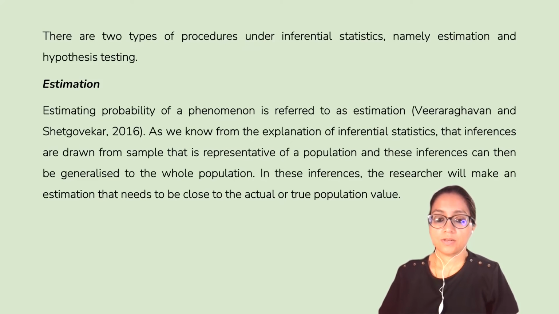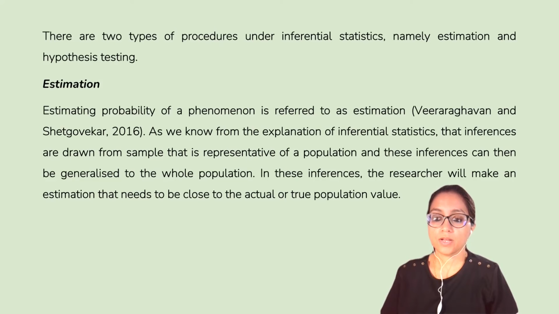What is estimation? Estimating probability of a phenomenon is known as estimation, as given by Veeraraghavan and Shetgovekar in 2016. As we know from the explanation of inferential statistics, inferences are drawn from the sample that is representative of a population, and these inferences can then be generalized to the whole population.